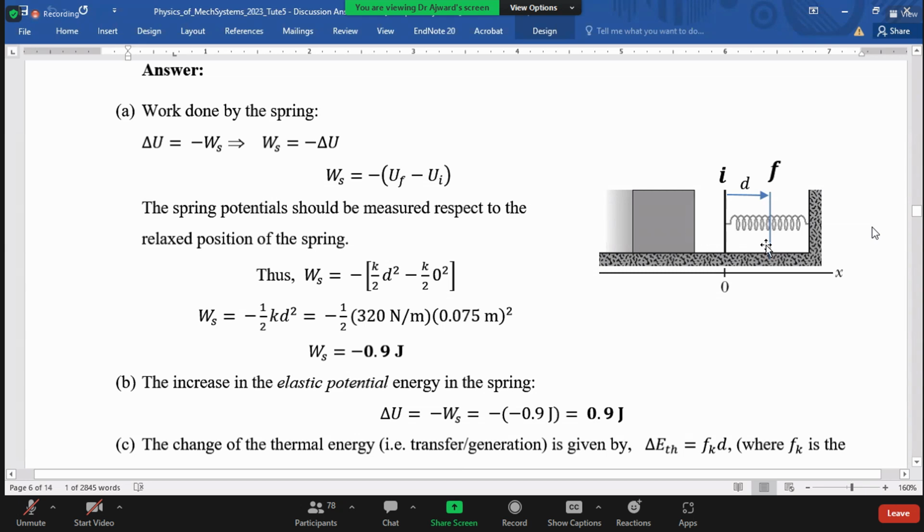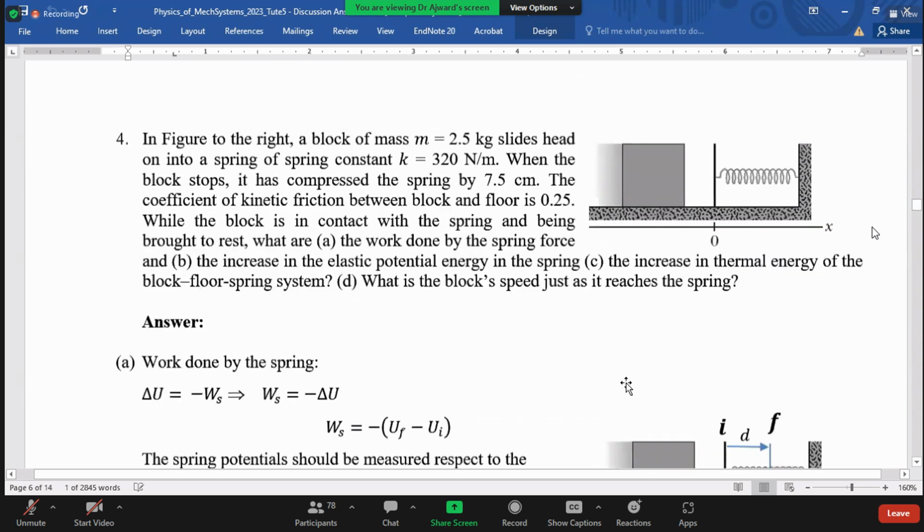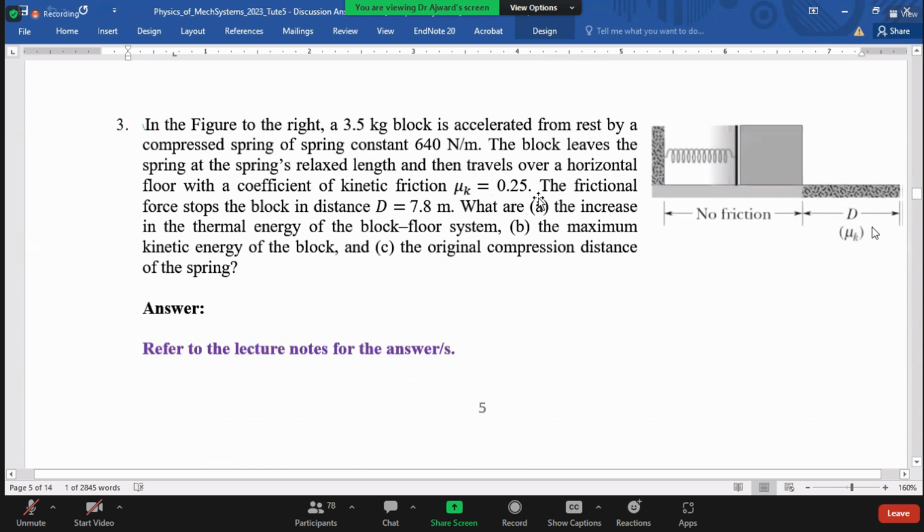Only the spring potential is the potential part, and the kinetics, and you put these things and find the speeds. This problem also solved a similar problem. You can ignore the gravitational potential because it is in the horizontal plane.